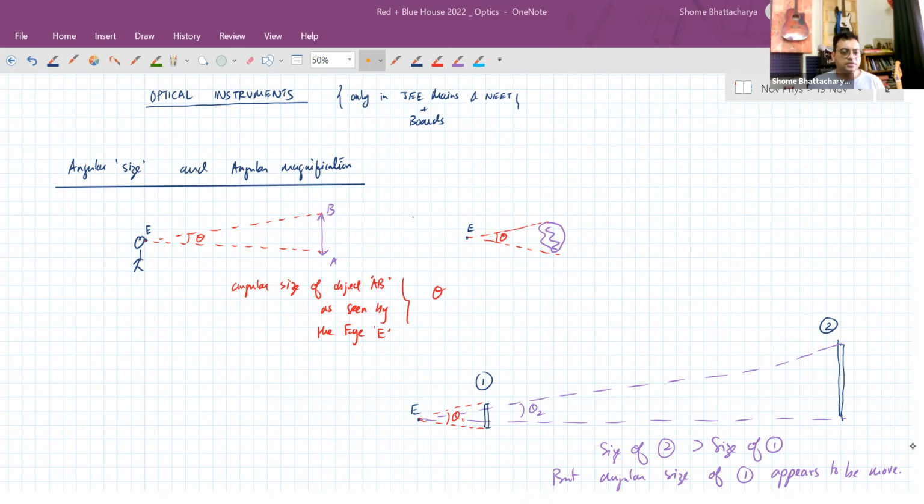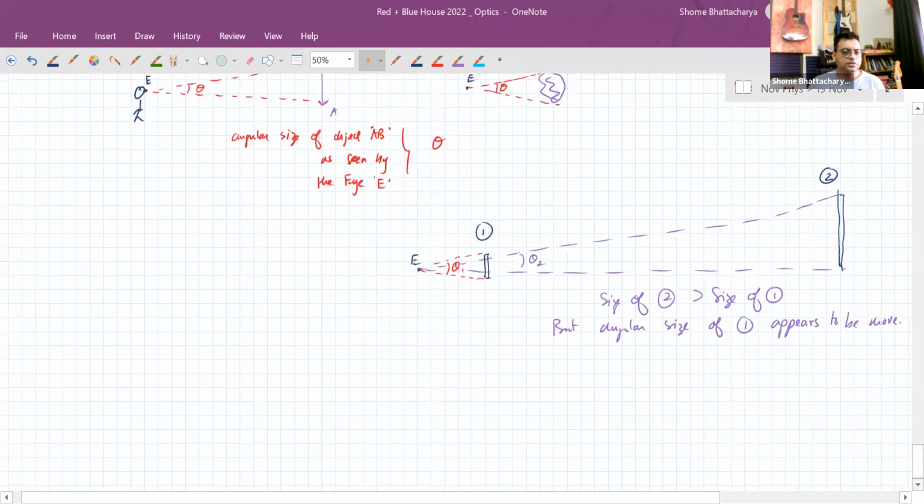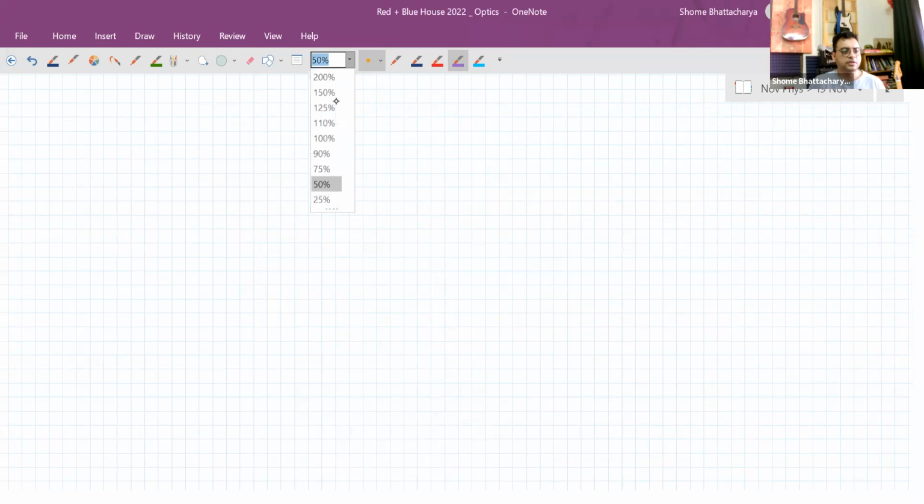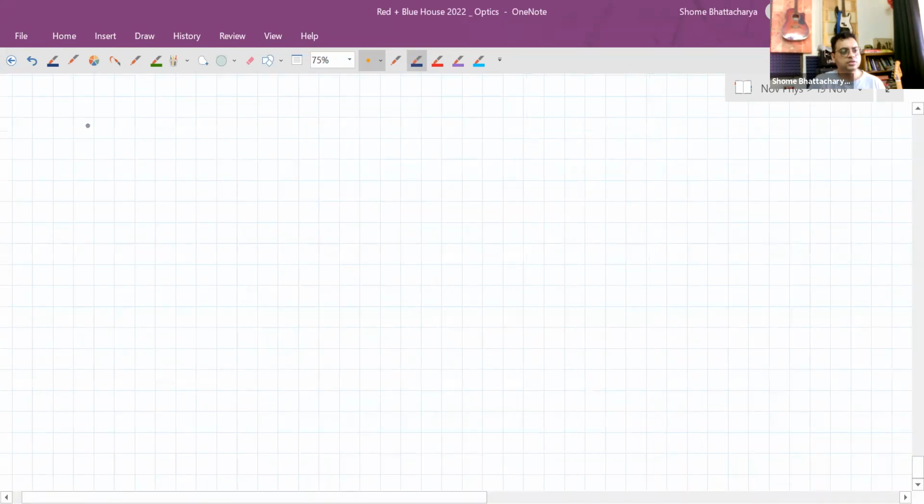Okay, so now, along with this concept of angular size, we also need to understand another concept, the least distance.